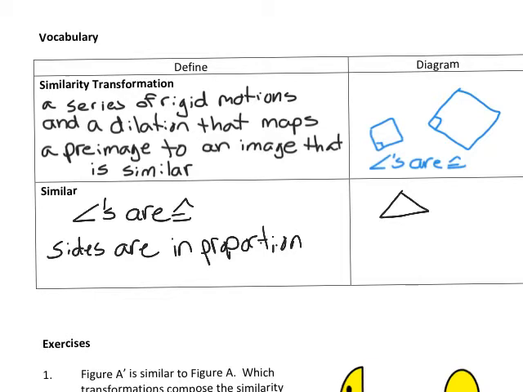It doesn't have to be equilateral. If they're similar, that means corresponding angles are going to be congruent, and corresponding sides are going to be, their ratio is going to be equal. So in this case, I would say that A over B is going to be equal to C over D. That's what it means to have similar shapes.